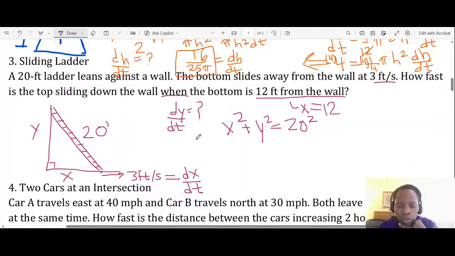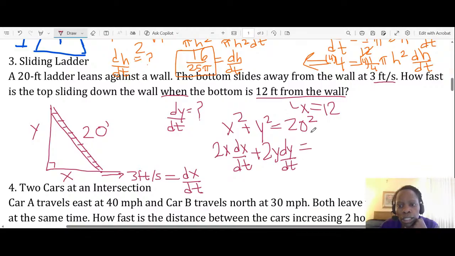Okay, so we can take the derivative implicitly. We can say 2x dx/dt plus 2y dy/dt is equal to 0. The derivative of a constant is 0.